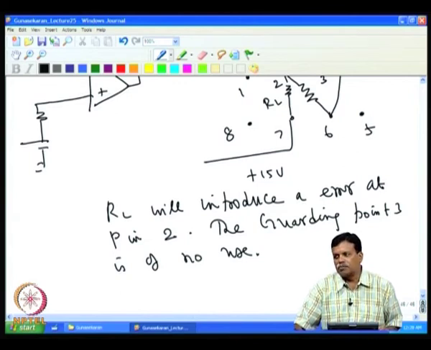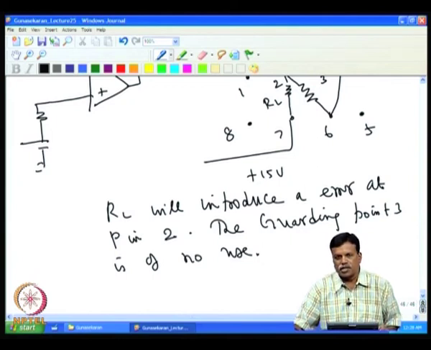And if your input signal has a very high input resistance, then the bias current is also a serious problem, and one has to be careful in selecting the op amp for the particular application. That is why we have the FET input op amp, which has a very low bias current, and similarly we have op amps which have a very low offset voltage drift. We will see more about these issues in later classes.